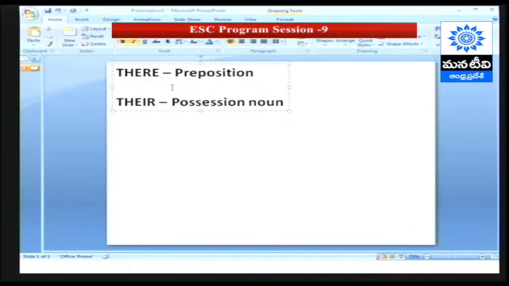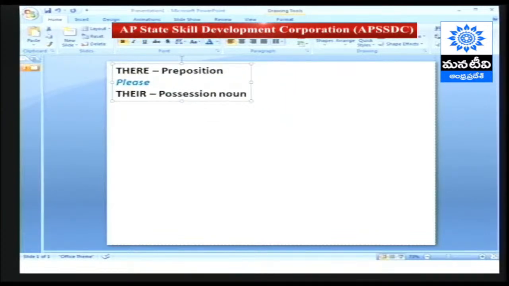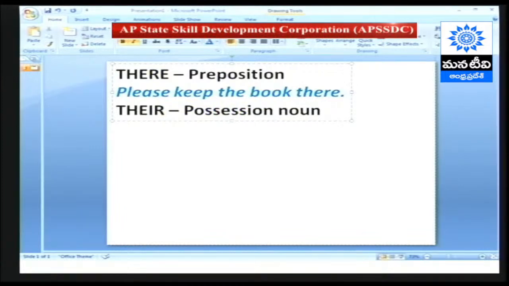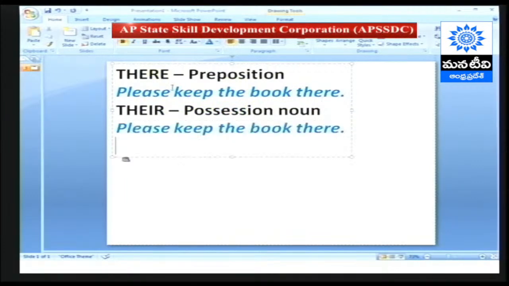For example, please keep the book there. So there is basically a particular place, so that's why it's a preposition. Now when I say THEIR, that's a possessive.